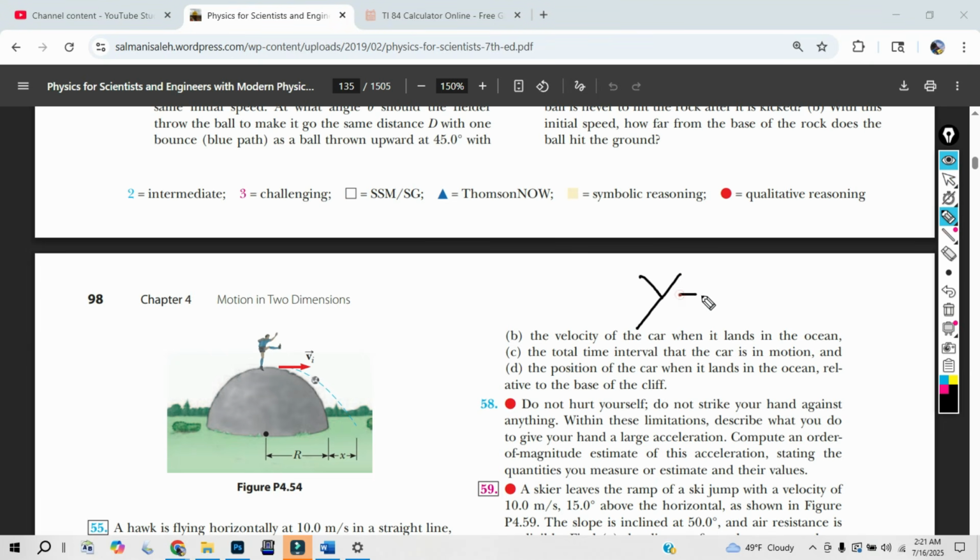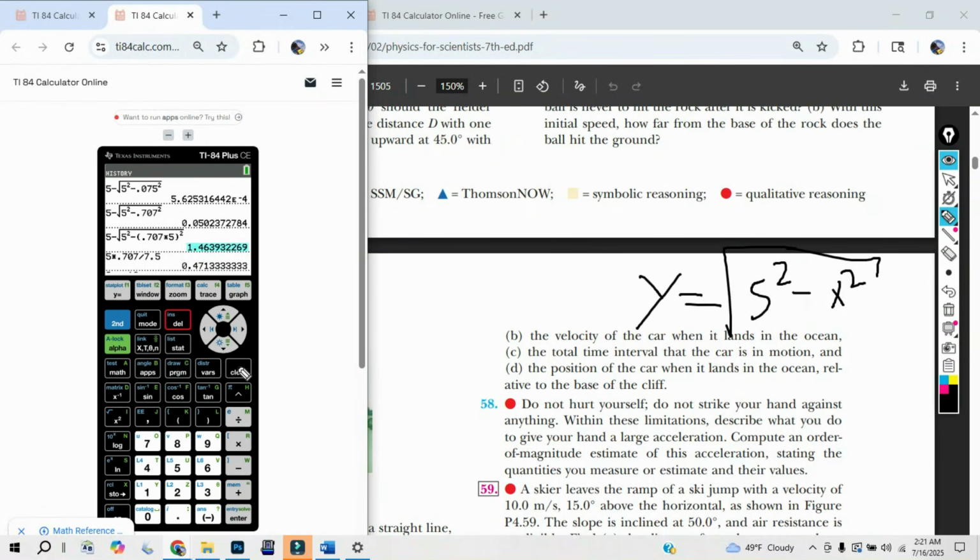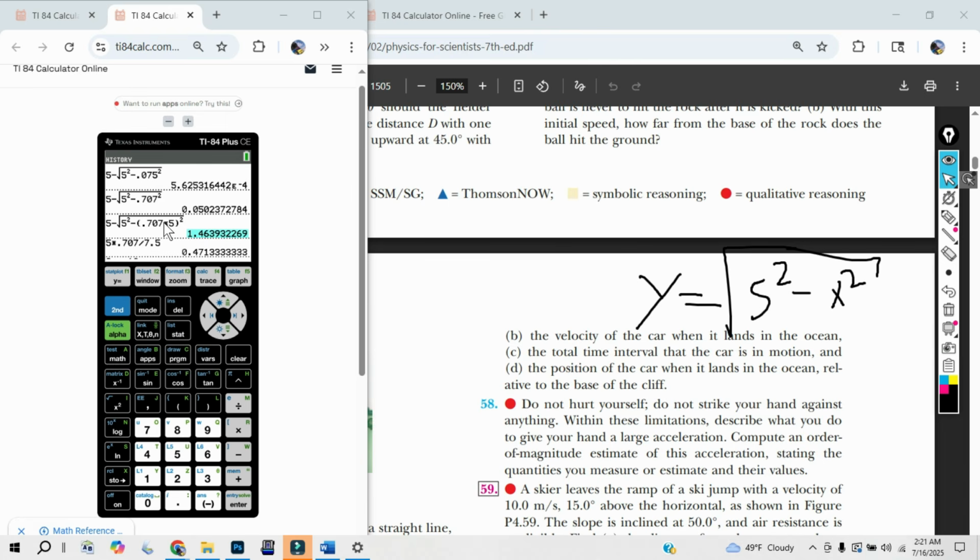So we have y is equal to the square root of 5 squared minus x squared. And now we're just going to try to chisel this out and see if we can get just a little bit crispier. And this is where I kind of just use the calculator. So what am I going to pull up?